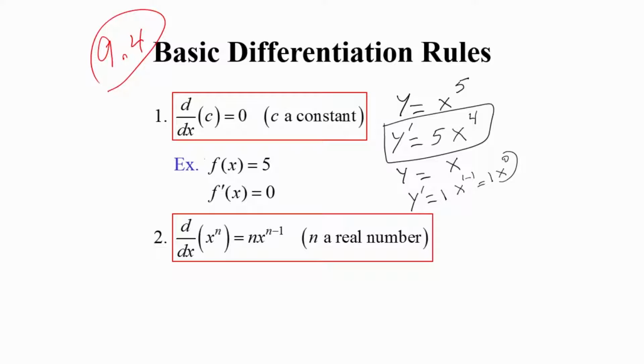X to the 0 power is 1. Anything to the 0 power is 1, remember that. So y prime would be 1. That's what rule number 2 says. Here's f of x equal x to the 7, then f prime would be 7x to the 6th.